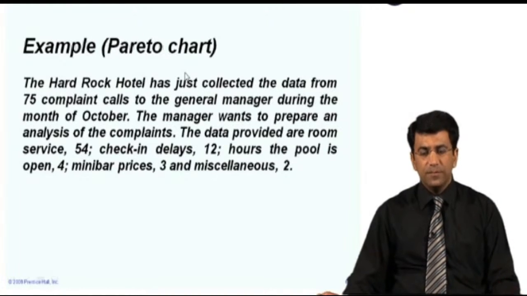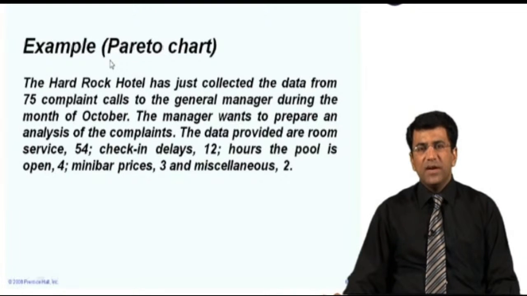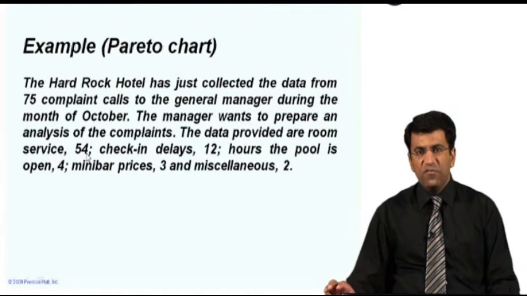So what we can do in this particular case, we can use the Pareto chart analysis technique in order to take some important decision. Now there are some steps involved in analyzing this sort of situation and drawing the Pareto chart. The first step is we should have the frequencies, which are already given in this particular case. The second step is we should arrange the frequency in the descending order. That is, the complaints with the highest frequency should come first, then the complaints with less frequency should come next, and so on.